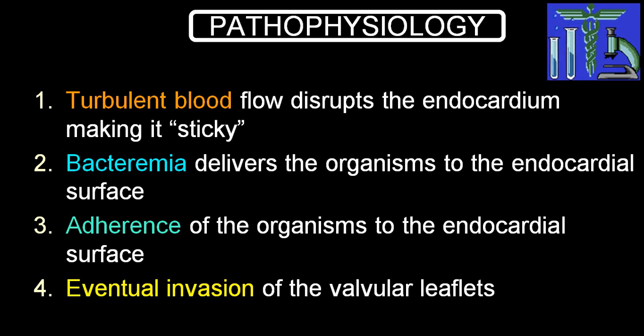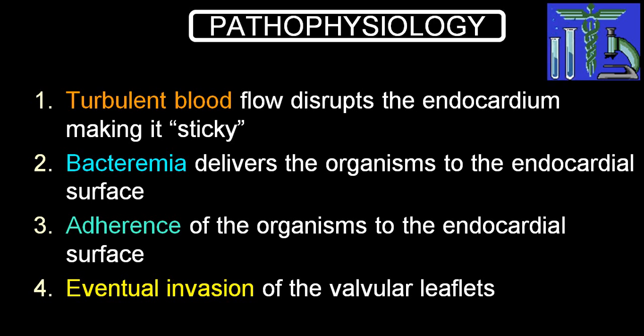Once it forms a vegetation on valvular structures, it will release endotoxins. Those endotoxins will produce general symptoms and signs like fever, body ache, lassitude, backache, headache, nausea, vomiting, loss of appetite, etc. As well, it produces local inflammation and damage to the valvular structures.